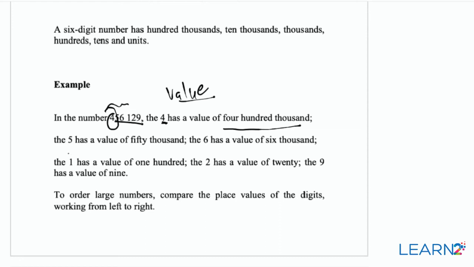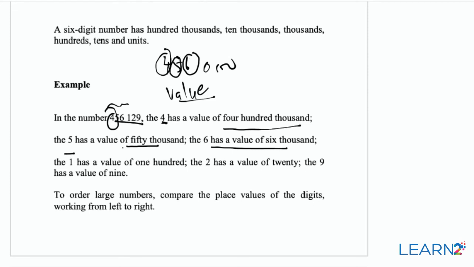What's the value of the 5 in this number? The value of the 5 is 50,000. The 6 has a value of 6,000 because this is 456,000. So the value of the 4 is 400,000. The value of the 5 is 50,000. The value of the 6 is 6,000.